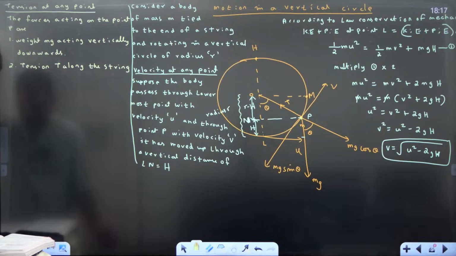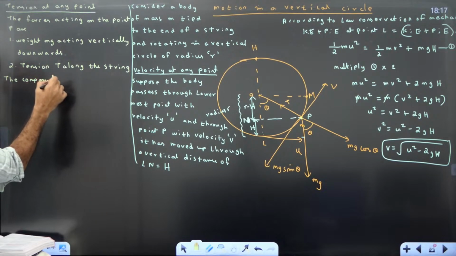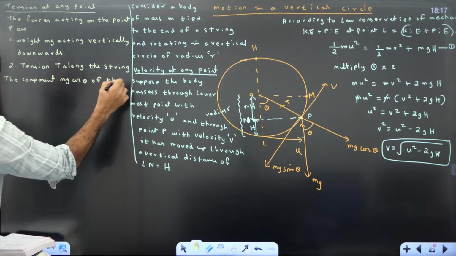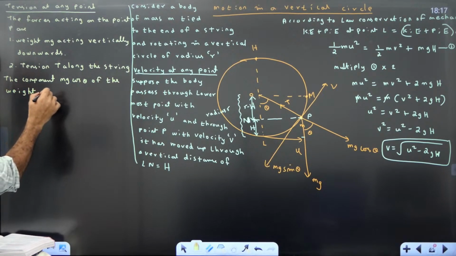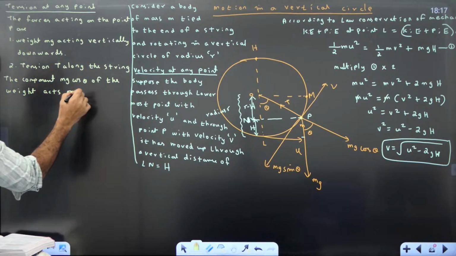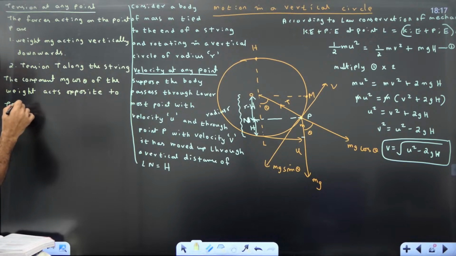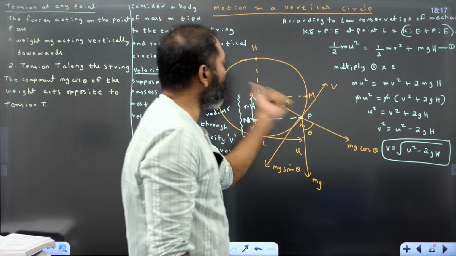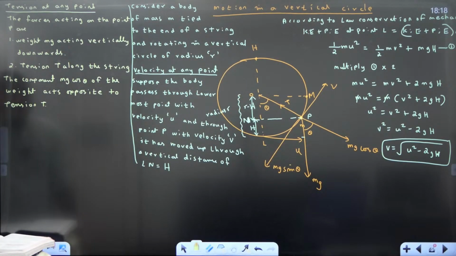Now the mg cos theta component of the weight acts opposite to tension T. That is clearly understood from the figure, because tension T is acting towards the center, and mg cos theta is acting in the opposite direction.